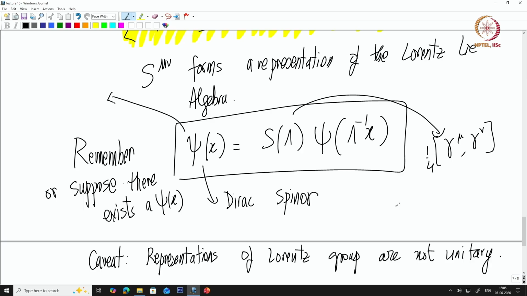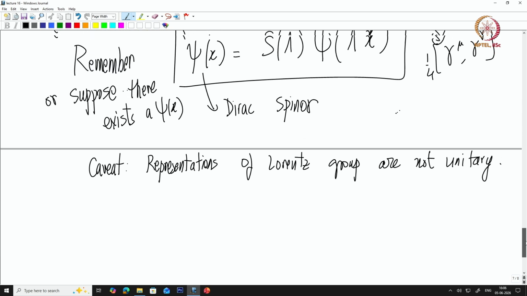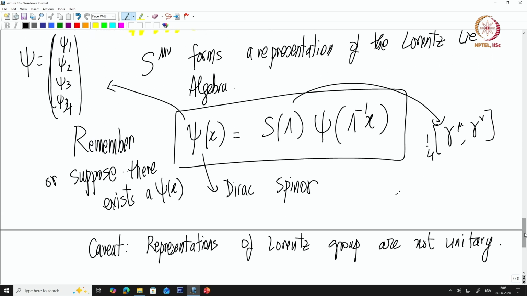So it forms a representation, and now you can start looking at how various products of psi transform under Lorentz transformation.